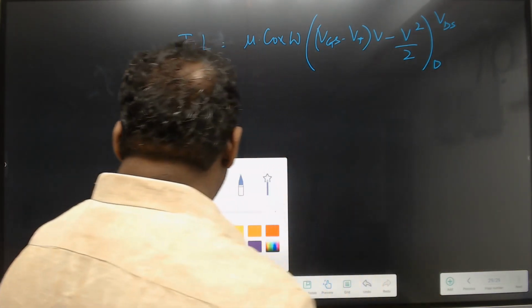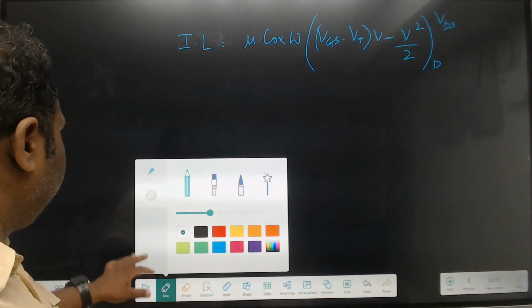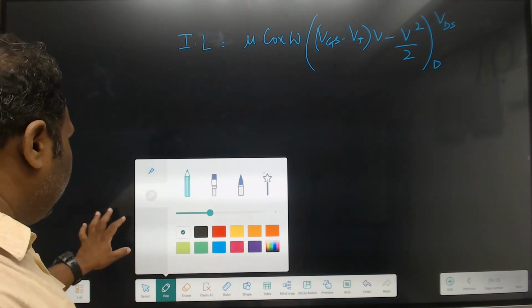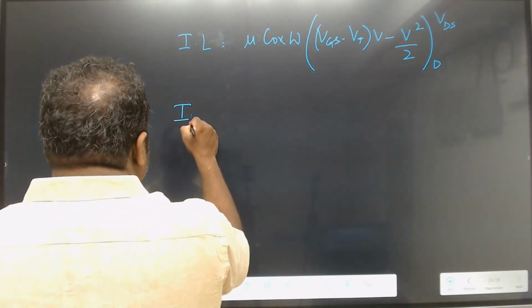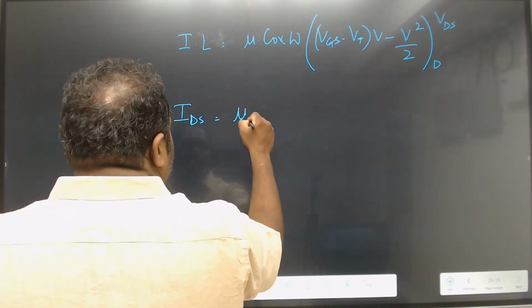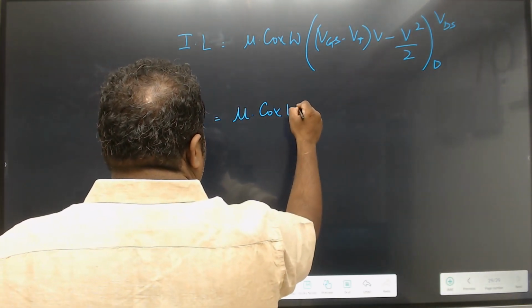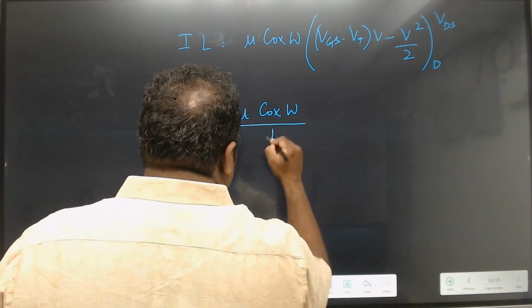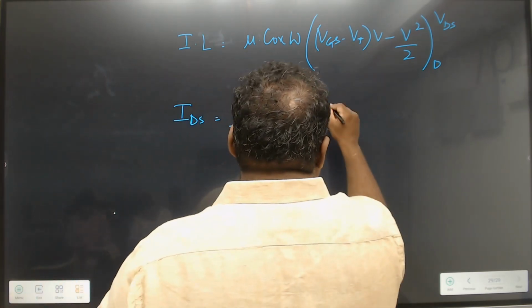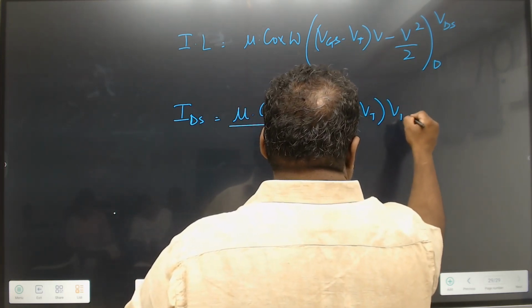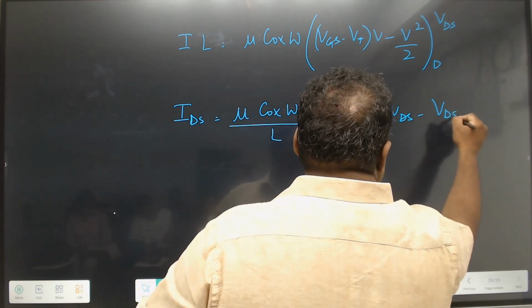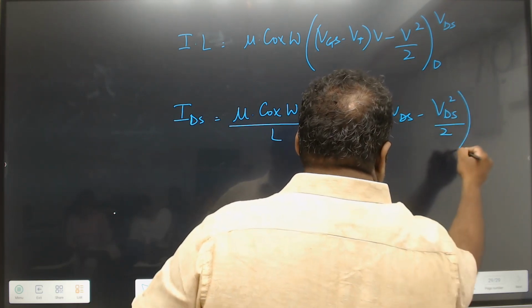Any doubts? So IDS is therefore mu COX into W by L into VGS minus VT into VDS minus VDS square by 2.